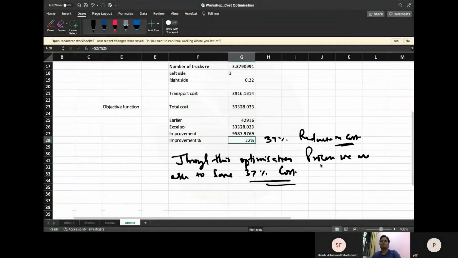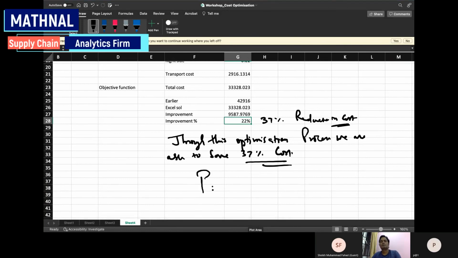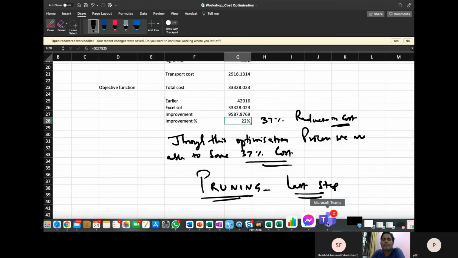It is called pruning. This is the last step. After pruning, you will be able to decide what you need to do in your supply chain.